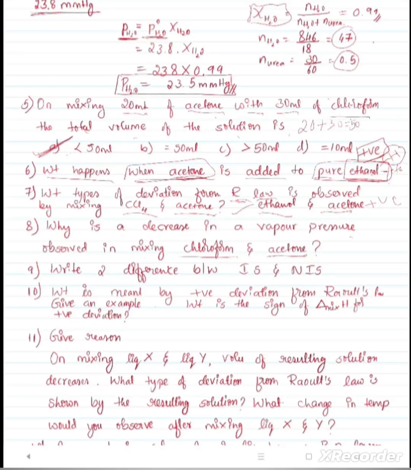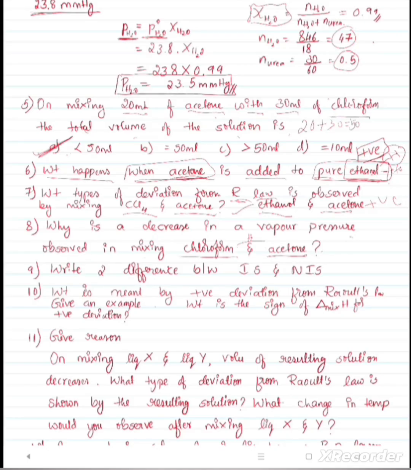So negative deviation means, here chloroform molecule is able to form a hydrogen bond with acetone. This chloroform and acetone both will form hydrogen bond. When both form a hydrogen bond, the escaping tendency of the molecules of each component will be less. So vapor pressure also will decrease. So it will show negative deviation.